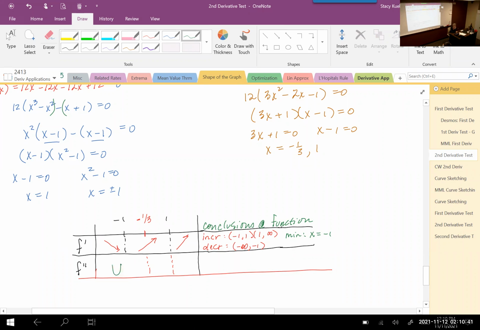Should be positive. What's going on in the middle? Negative. What's next? Positive. So we're concave up from -infinity to -1/3, and again from 1 to infinity. We're concave down from -1/3 to 1.